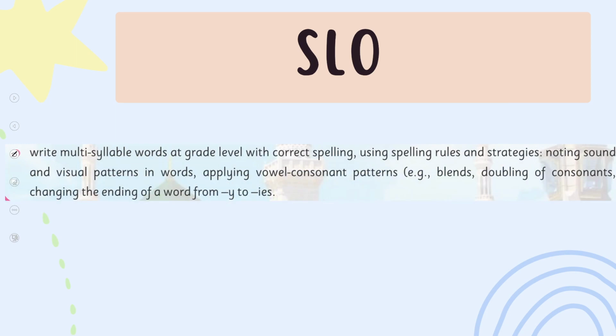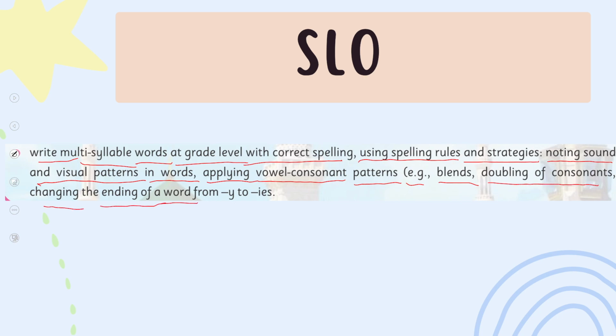Our SLO is: write multi-syllable words at grade level with correct spelling, using spelling rules and strategies like noting sound and visual patterns in words, applying vowel consonant patterns, for example blends, doubling of consonants, changing the ending of a word from Y to IES.